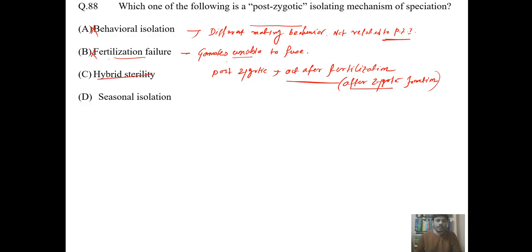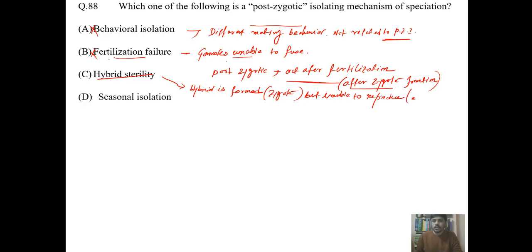Now, hybrid sterility. What is a hybrid? It means a hybrid is formed. The zygote is formed, but it is unable to reproduce.